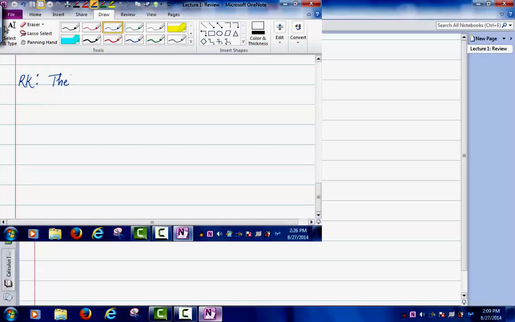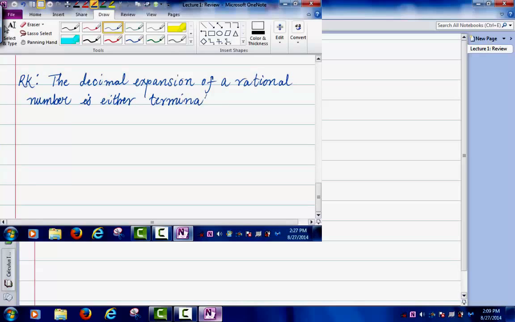The decimal expansion of a rational number is either terminating or repeating, right?